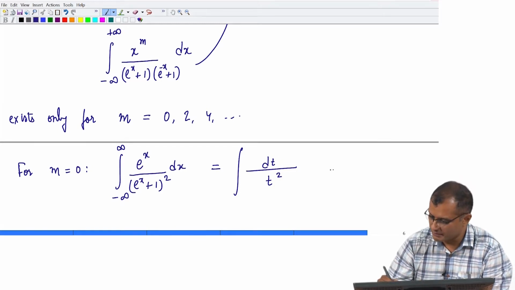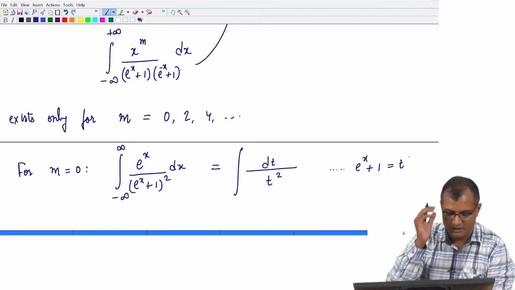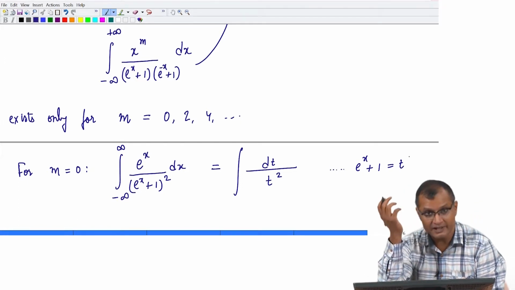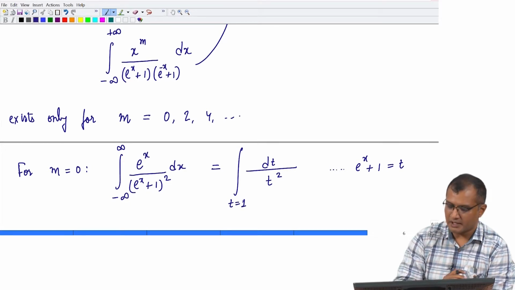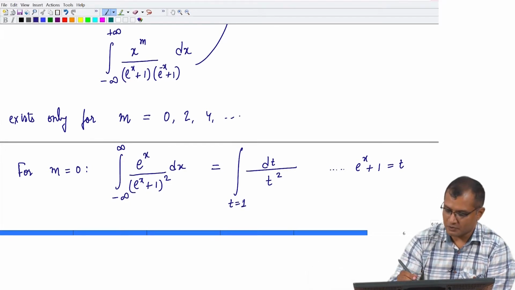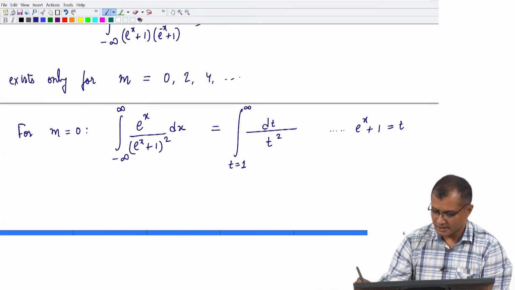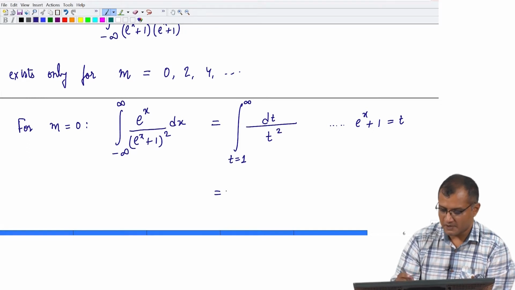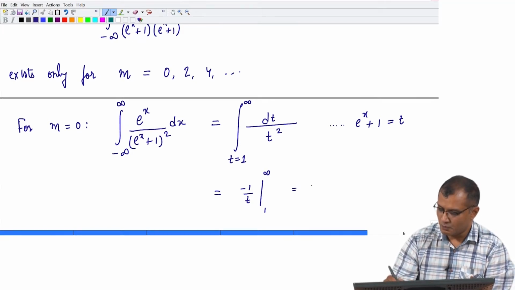I am substituting e raised to x plus 1 as t, which means the x going to minus infinity limit will transform to t equal to 1 and the x going to infinity will transform to t equal to infinity. So, this integral can now be straightforwardly computed. It is a minus of 1 upon t, and between the limits 1 to infinity this would simply be 1.